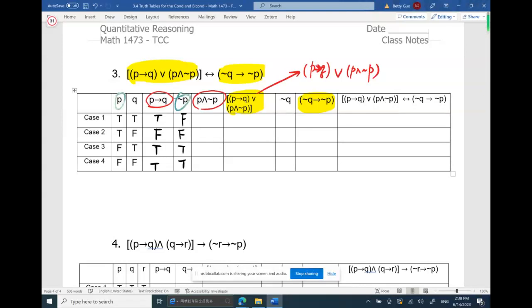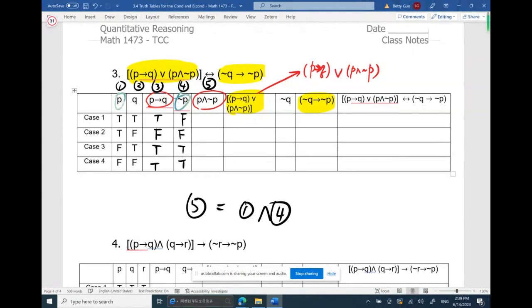Column 1 and column 4 need to have opposite values, and then they are going to do the conjunction. So this is column 1, 2, 3, 4, 5. Column 5 is a conjunction of column 1 and column 4, right?